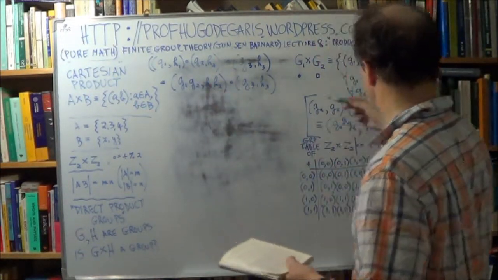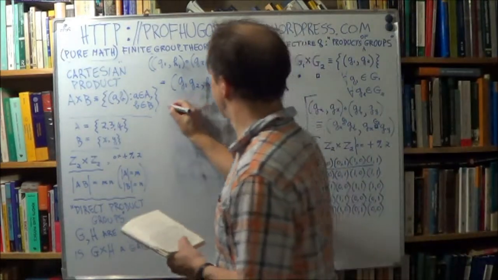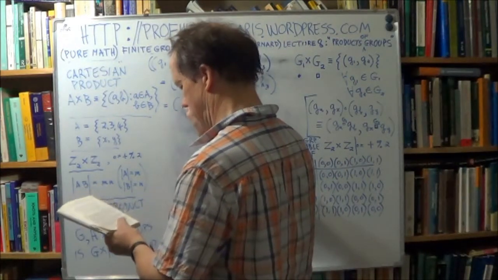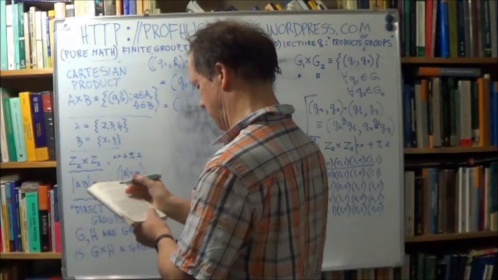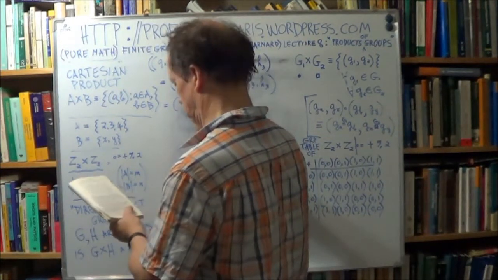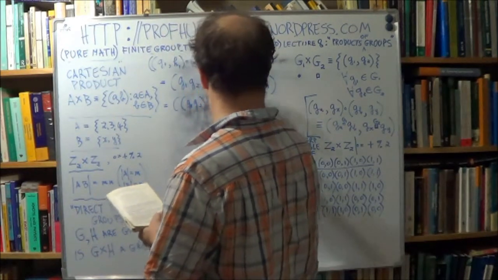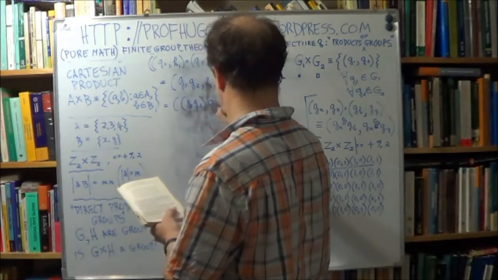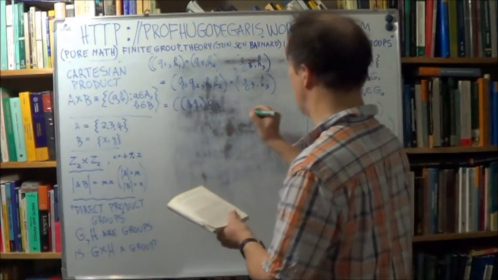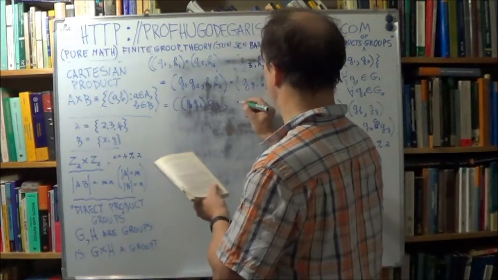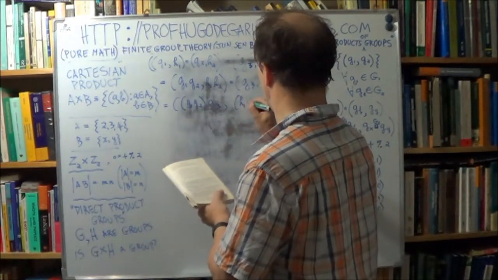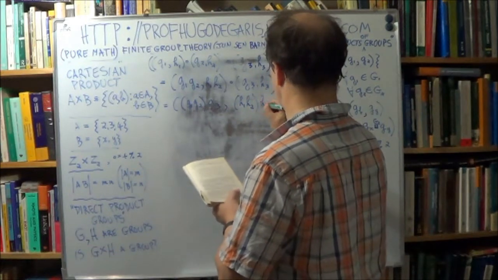And again, using this rule again, so this becomes G1, G2, G3, comma, and then H1, H2, H3.